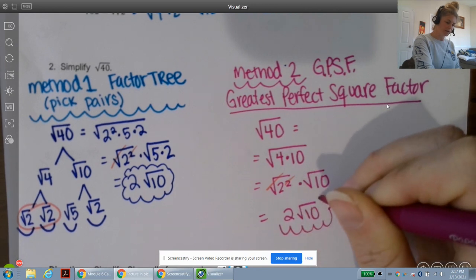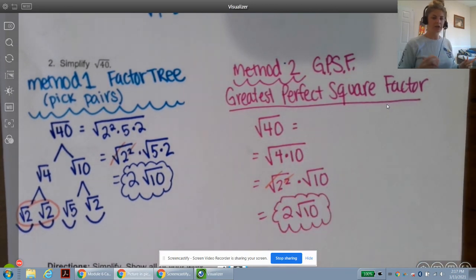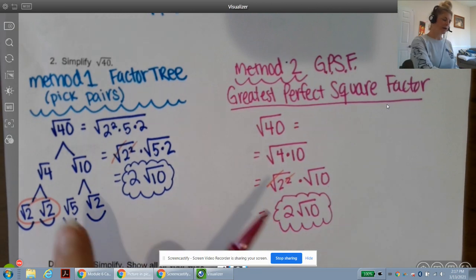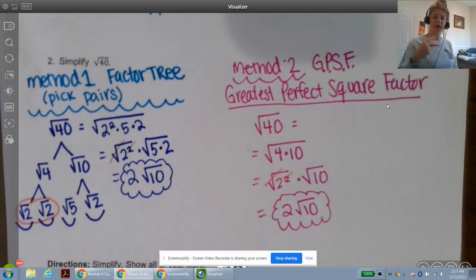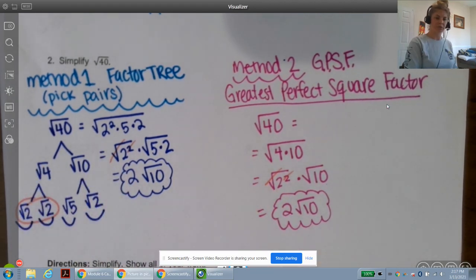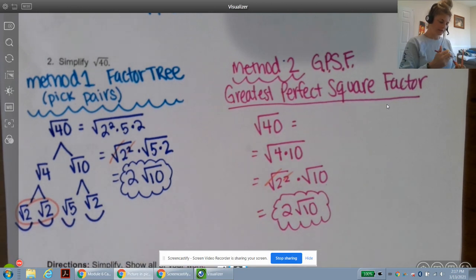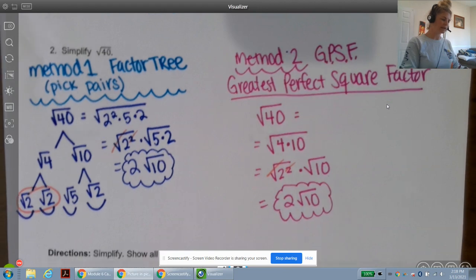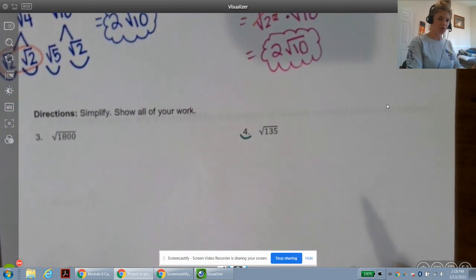Not surprised we got the same answer. And you can use either of these methods. Obviously, the factor tree might take a little more space, so you might want to have a separate piece of paper to show some work. But sometimes for some of the numbers you're not as familiar with, it might help you, especially if you don't have a calculator handy.